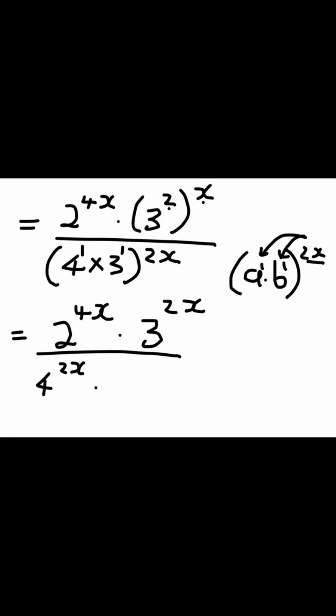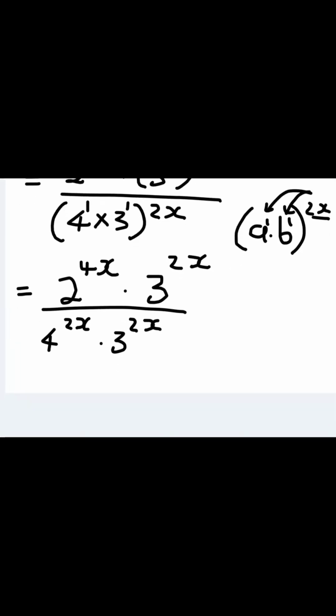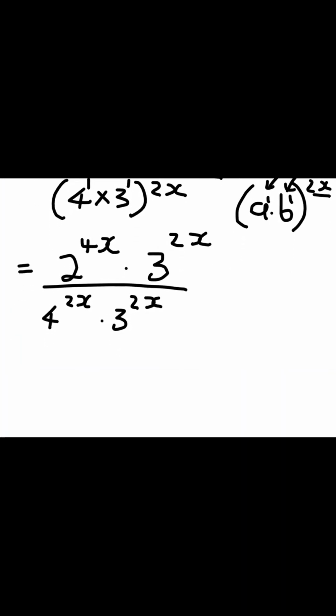Again, you are having that 3 where you are having that 2x. So you see, I've changed from that multiplication sign of cross to the dot, because it is easier to deal with the one where you have a dot. Now let's see. Notice something very much important.